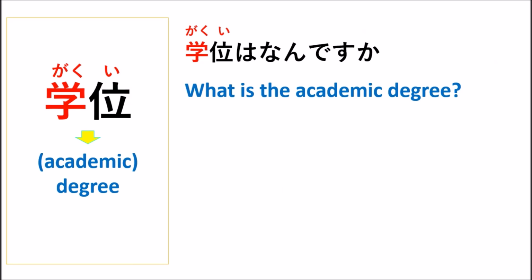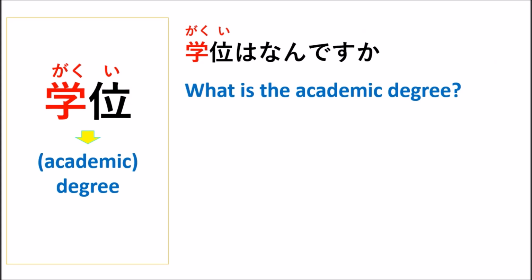So when you put the kanji that means study or learn with the kanji of position, it means the degree in school or academic degree. For example, 学位は何ですか？What is the academic degree?